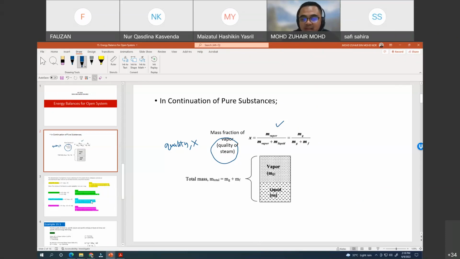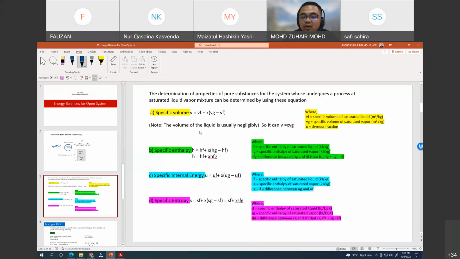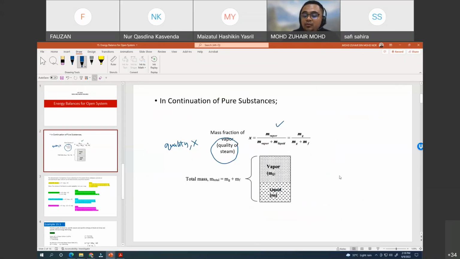But at the same time, you need to also know how to calculate, let's say for instance, I want to know what is the specific volume, internal energy lah senang.